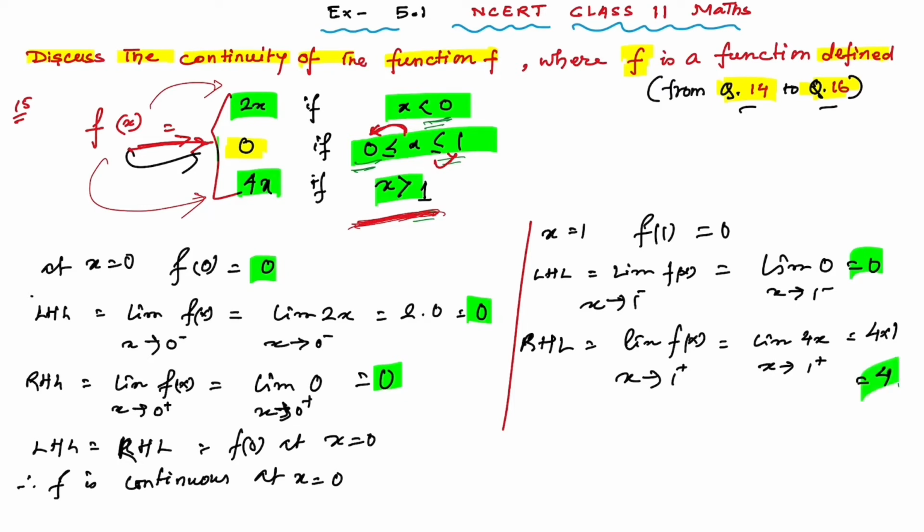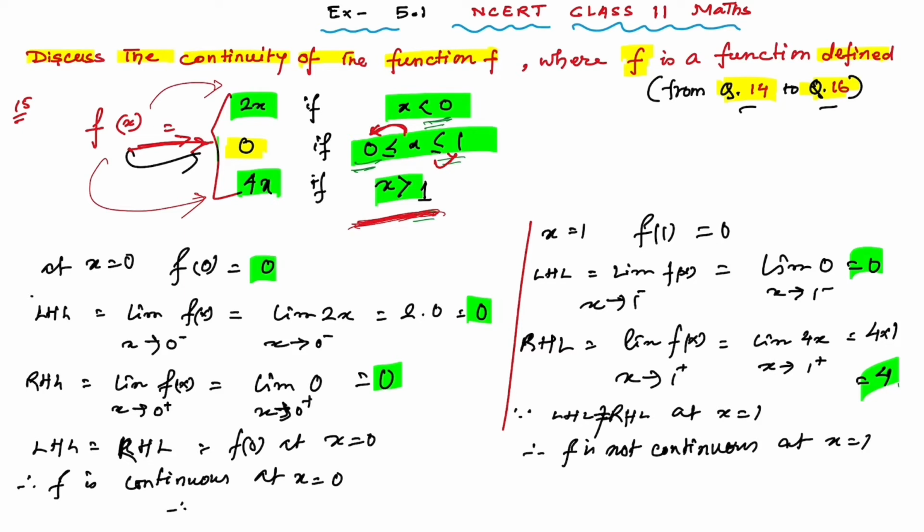So, here the left hand limit and right hand limit are not equal. Since the left hand limit is not equal to the right hand limit at x equal to 1, therefore f is not continuous at x equal to 1.